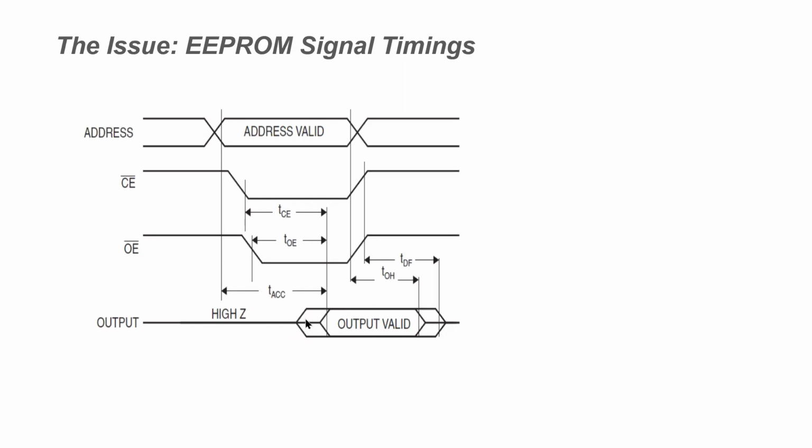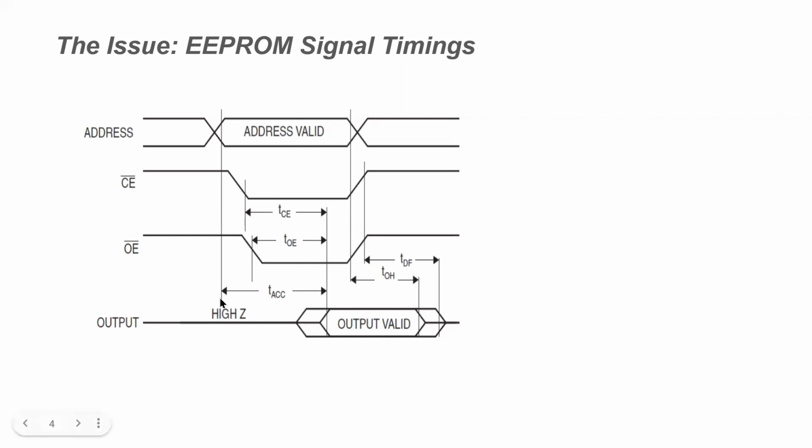By undefined, I mean the EEPROM does not guarantee that a bit that's supposed to be high is going to be high and a bit that's supposed to be low is going to be low. They could be bouncing up and down in an erratic fashion until this time period is hit. And this time period is 150 nanoseconds, and that's relatively a long time.